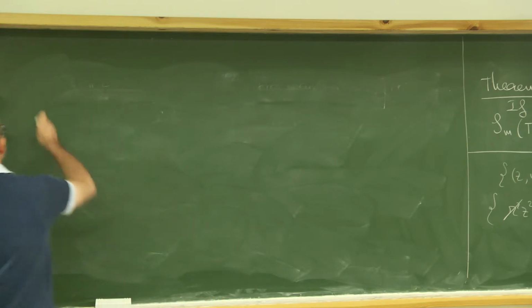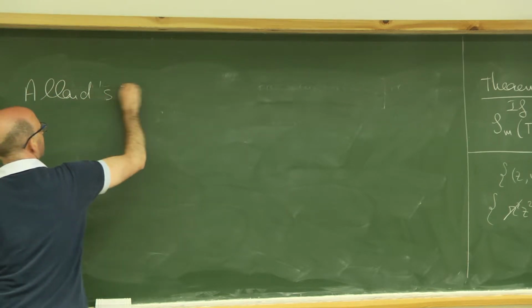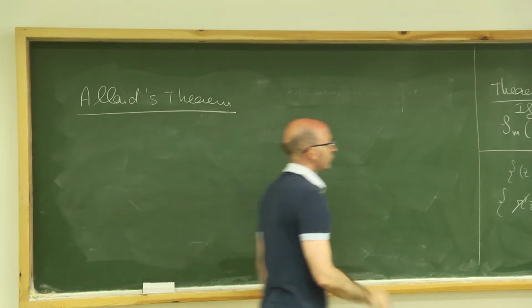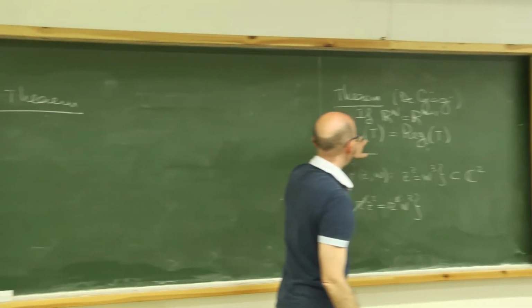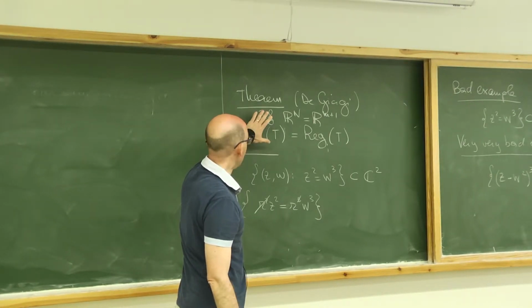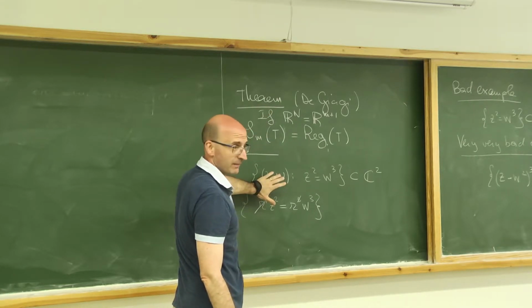So Allard's theorem is telling you, as a corollary, that if the flat tangent cone that you see at the point is there with multiplicity 1, then this is still a regular point. So the obstacle to applying this regularity theory here is the presence of higher multiplicities.